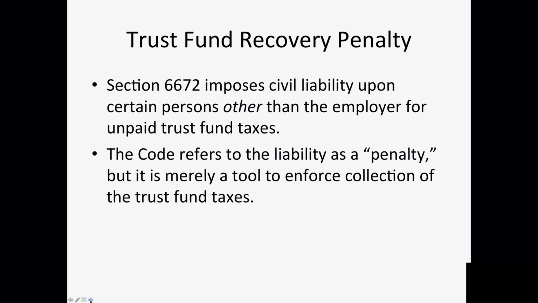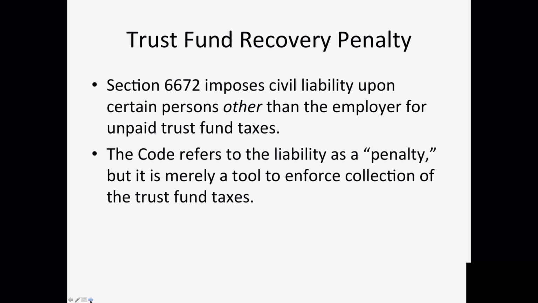The Code refers to the liability as a penalty, but it's important to make an important distinction here. We call it a penalty, but it's not a penalty in the sense that we otherwise would refer to a penalty. So when we call it the trust fund recovery penalty, it doesn't encapsulate delinquent penalties.